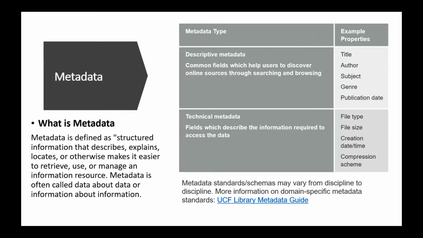So you will use metadata to describe your datasets. There's descriptive metadata and technical metadata. Descriptive, for example, title, author, subject, genre, publication date, and so on. And technical, for example, file type, file size, creation date, and so on.